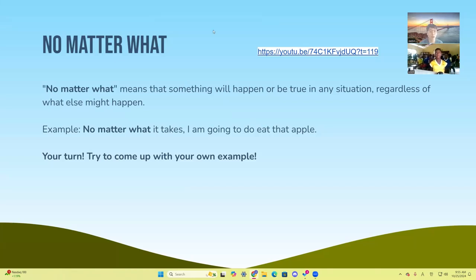No matter what, I'll come to my bed. Yeah, I think that makes sense. No matter what means that regardless of what might happen, you will always go to your bed, to go to sleep, probably. So that is a really good usage of no matter what.